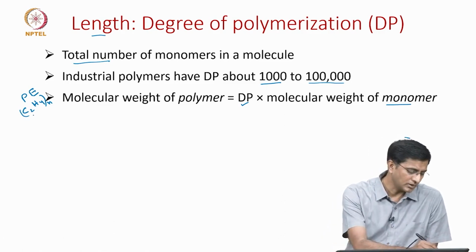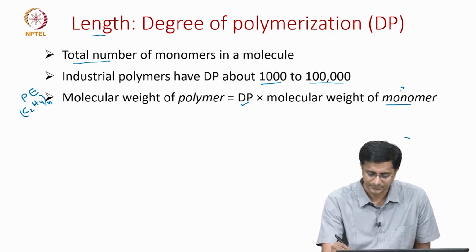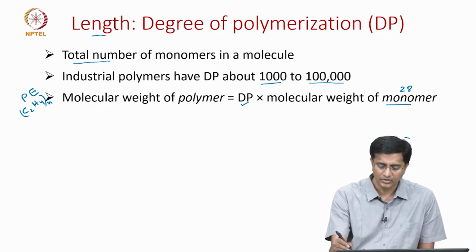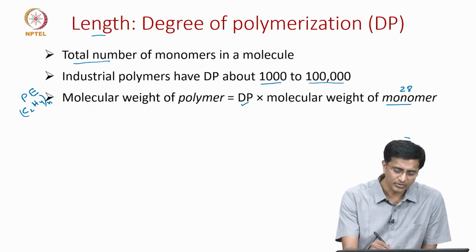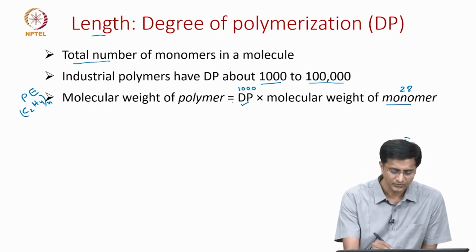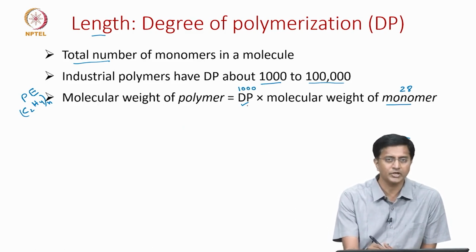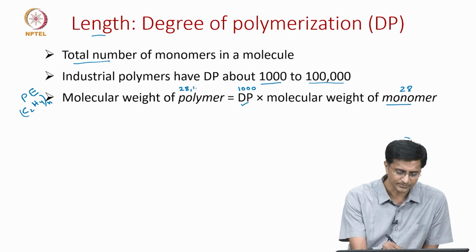It is carbon 2 times 12 plus 4, which is 28. So dP times 28 will give you the molecular weight of the polymer. Let us say for example this dP is around 1000. So the molecular weight of this polyethylene with a degree of polymerization of 1000 will be 28,000.